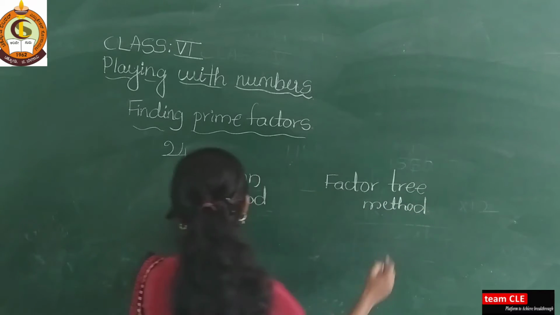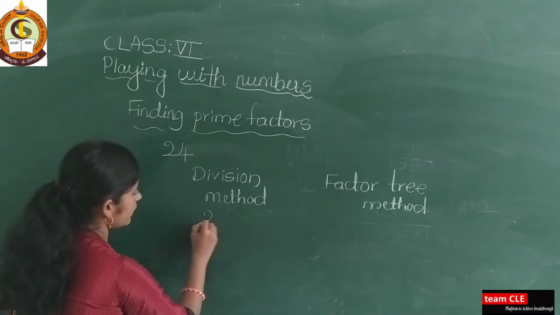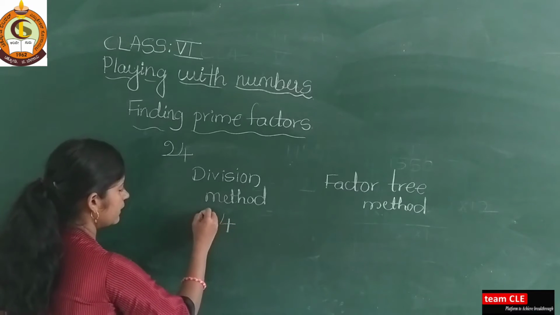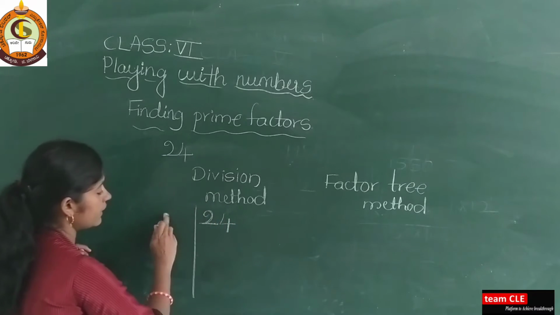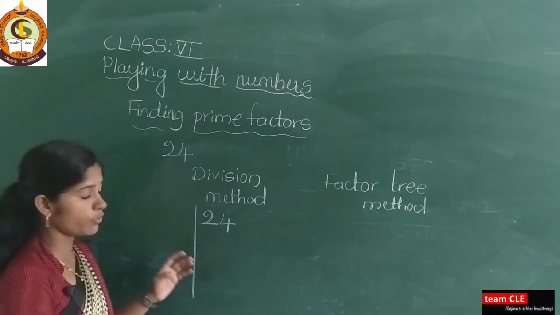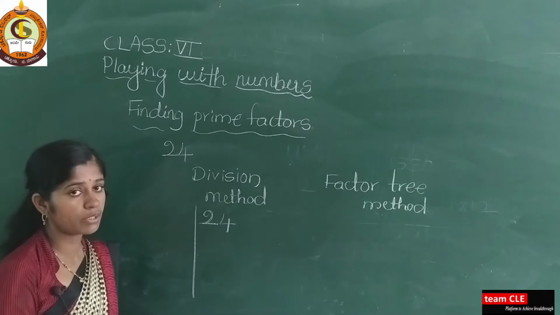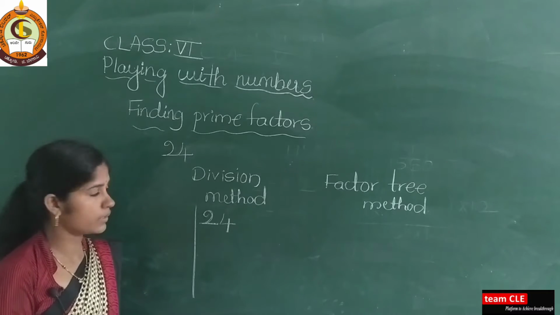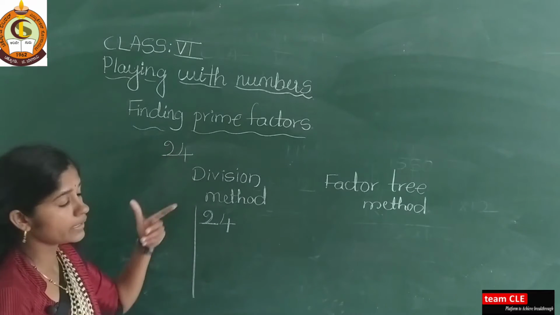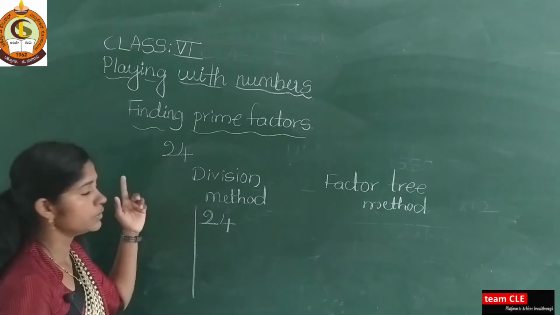So see here, division method: take 24, and while dividing don't take directly 12 twos are 24 or 6 fours are 24. While you are dividing you must take only prime numbers, because we are finding the prime factors of 24.